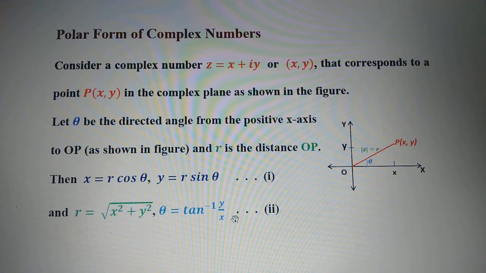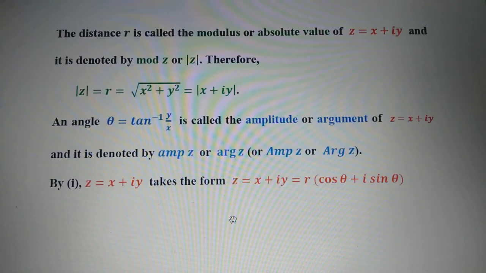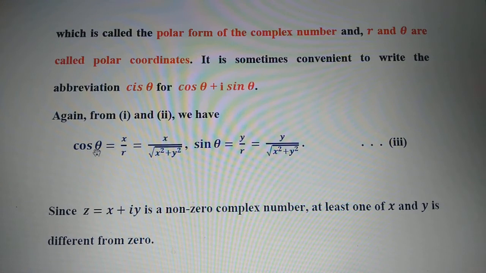From these two we have cos theta is equal to x by r, which equals x upon under root x square plus y square. Sin theta is y by r, and it is equal to y upon r. R means square root of x square plus y square.